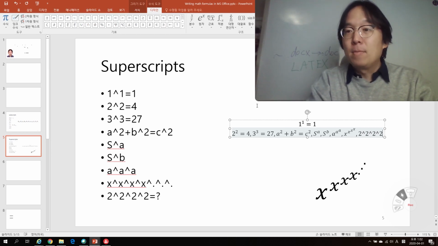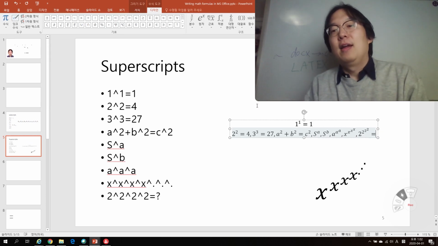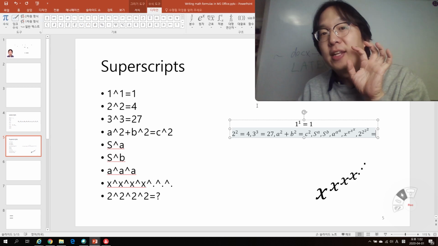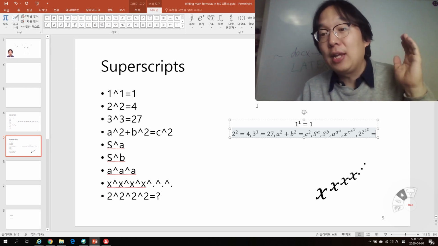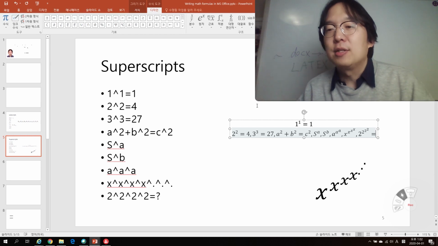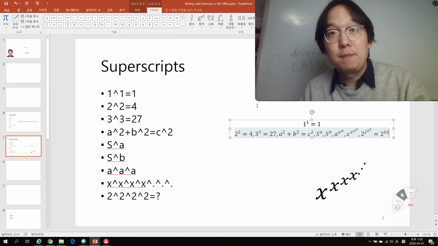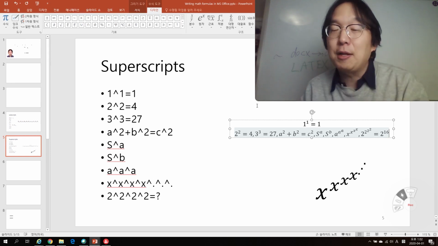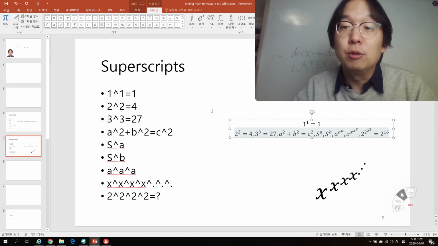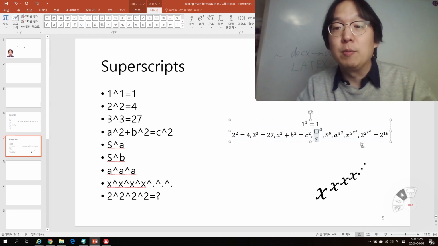What is this, you may wonder. As I punch in the equal sign, everything happens in one shot. So that's 2 to the power of what? 16? Is that right? Now you calculated it yourself using your own calculator. So that's that.